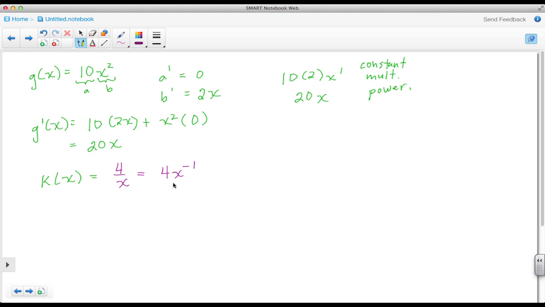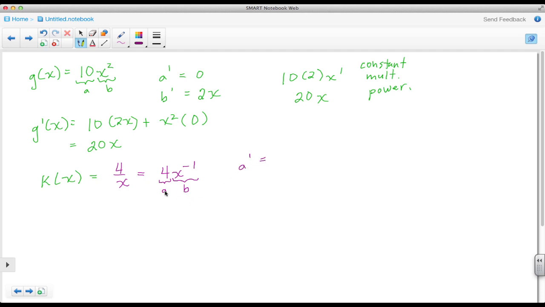And then here you see that I can now use again the constant multiple rule and also the power rule, but I am going to stick with the product rule. So here we see that the 4 is my factor that I'm going to substitute as a, and then x raised to the negative 1 is my second factor that I'm going to call b.